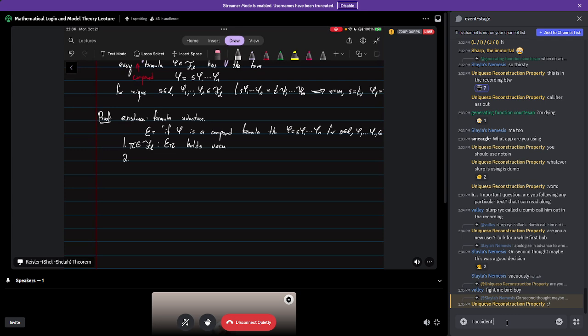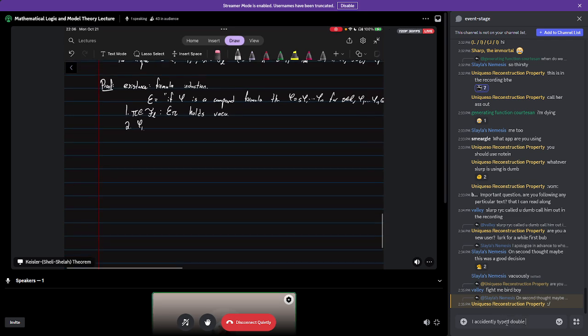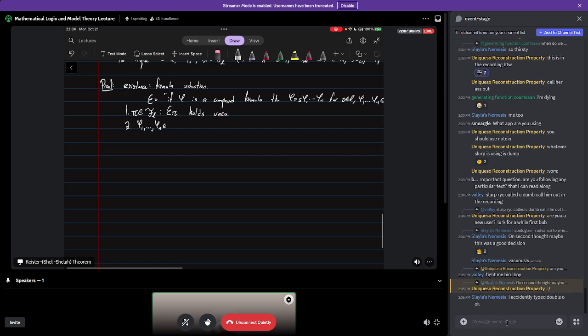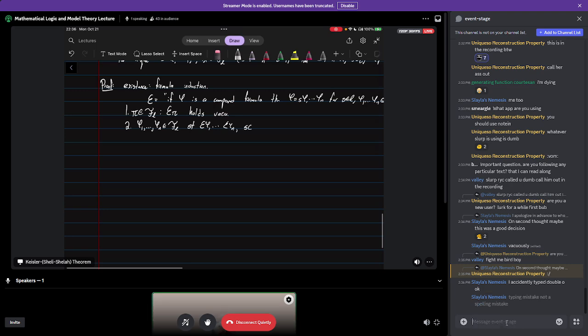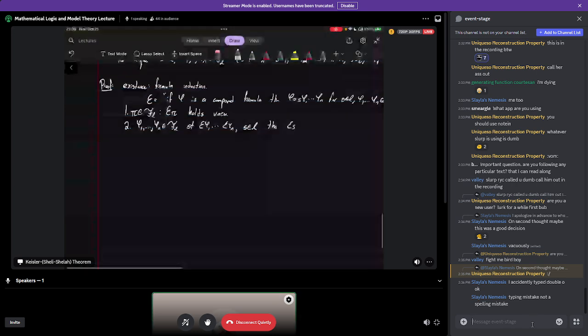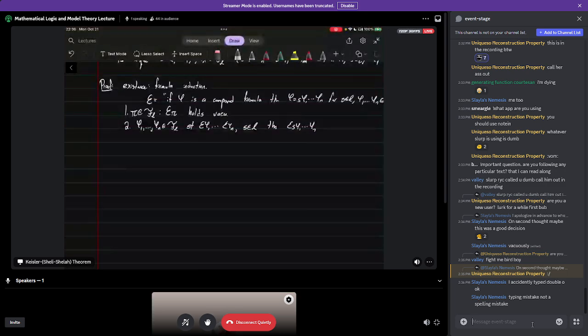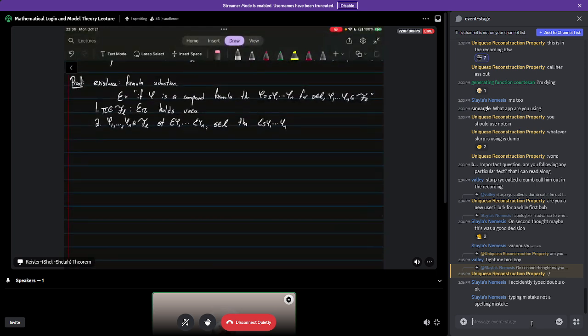Two. So let phi 1 through phi n be formulas such that E phi 1 through E phi n, and S in L. Then E S phi 1 through phi n obviously holds, because we just take S to be S and phi 1 through phi n to be phi 1 through phi n.